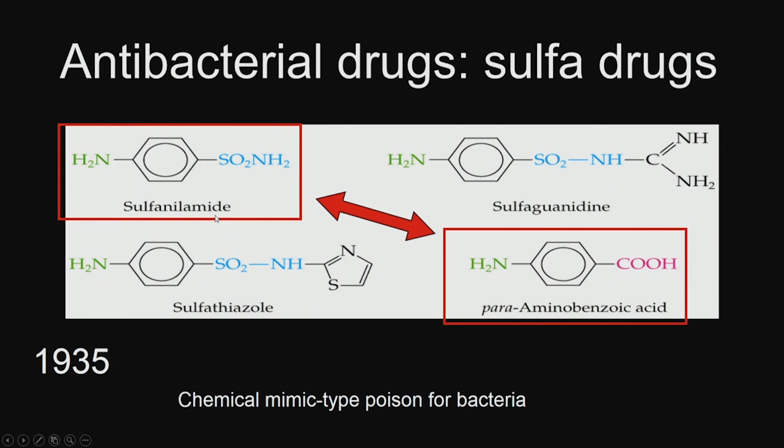These drugs nowadays are not used much, because the bacteria have become more resistant to these drugs. Okay. And the whole world has shifted towards different types of antibiotics, like I showed you penicillin. Again, penicillin also has become very weak, bacteria have become resistant to that.